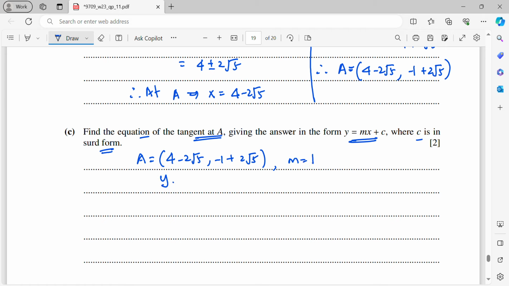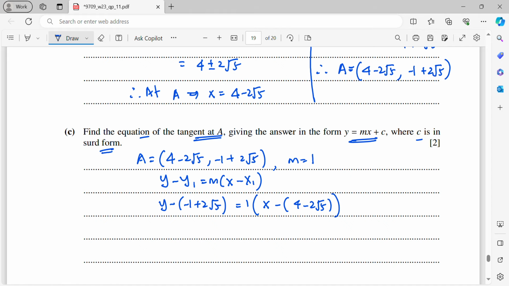Again, use the formula y minus y1 is m bracket x minus x1. So I will get y minus (minus 1 plus 2 square root 5) equals to, my m is 1, then x minus x1, which is the x coordinate of A.